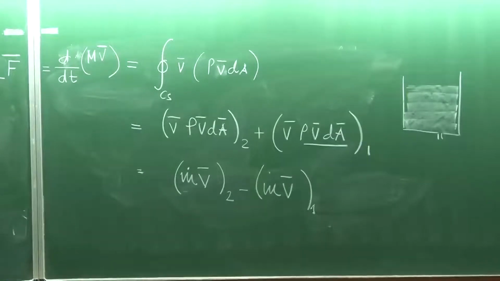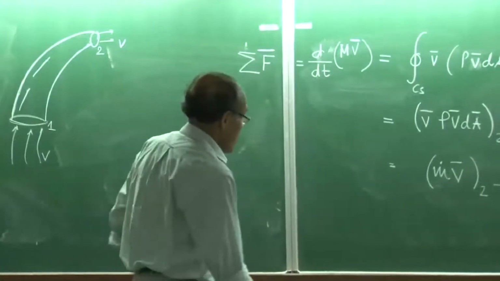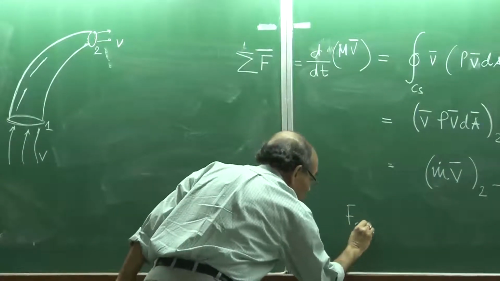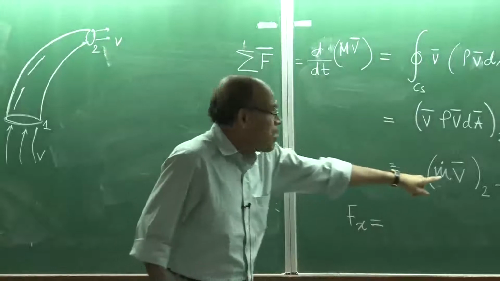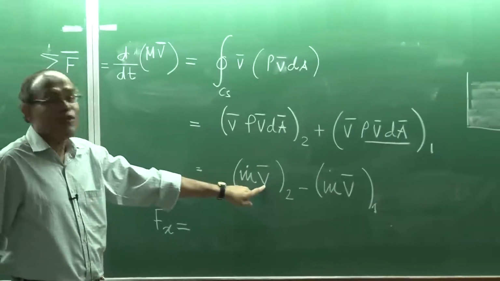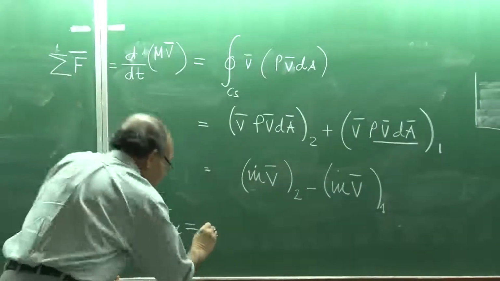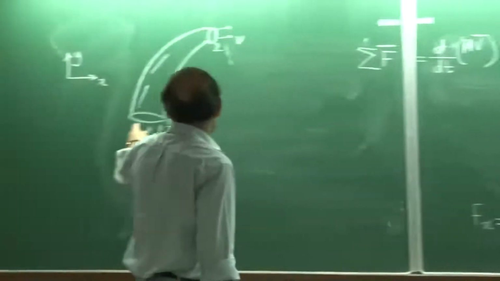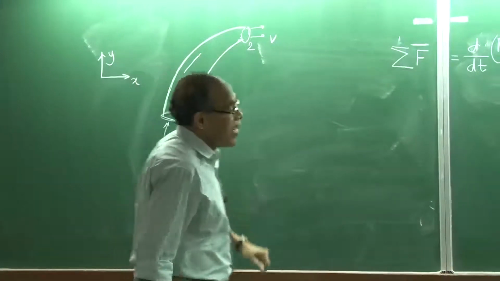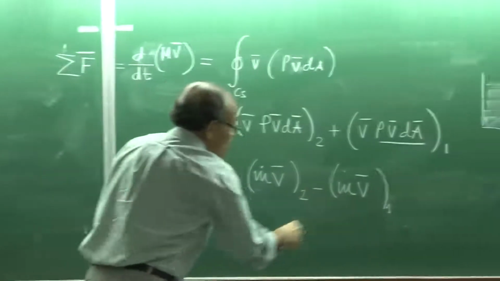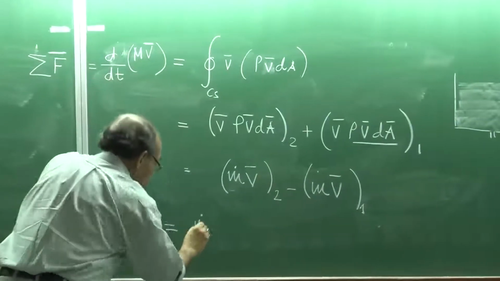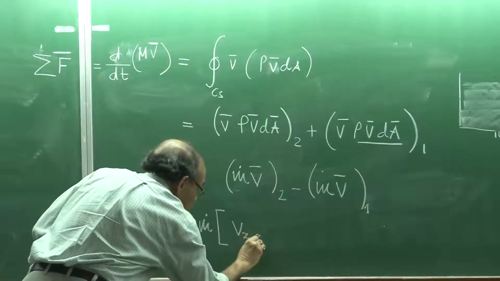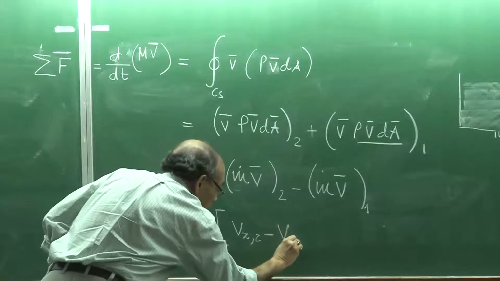So, we can now write down what the Fx component is, for example. Then I would say, give me the x component of this velocity vector, and it is m1. And if there is no mass accumulation in the system, then this m1 and m2 are essentially identical, which is equal to Vx at section 2 minus Vx at section 1.